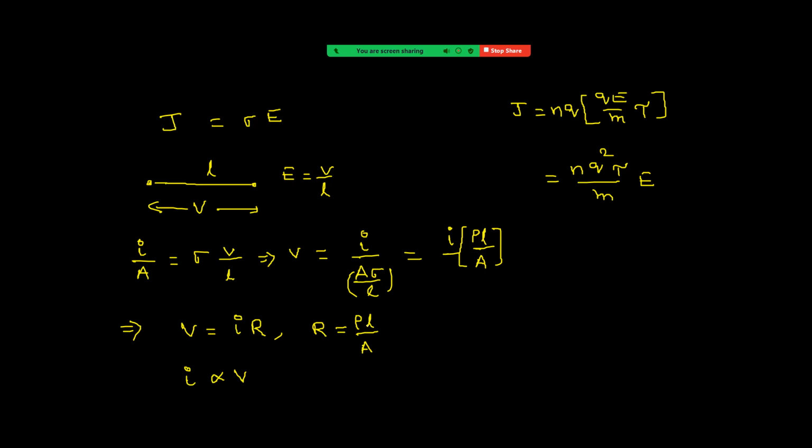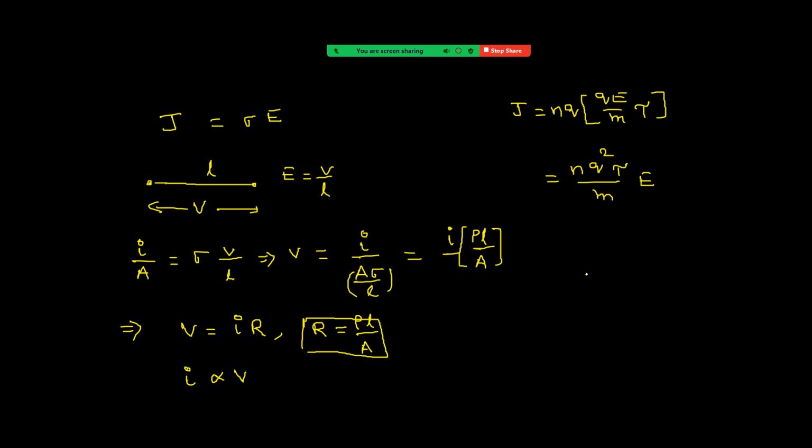R constant means resistivity is a constant, means sigma is a constant. Sigma constant means the relaxation time is a constant, because the remaining are constants. So this is what we are going to use for solving problems. And focus here on how to get the values of A and L.